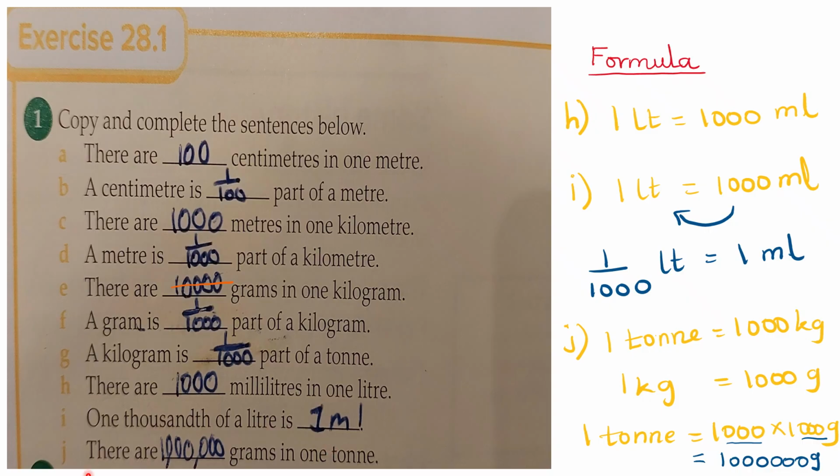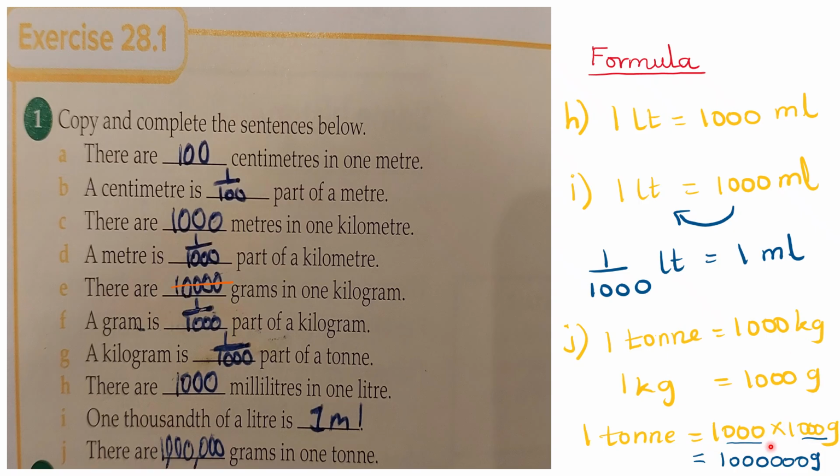Now J question is, there are dash grams in 1 ton. So 1 ton equals how many kg? That is 1000 kg. Now 1 kg equals how many grams? That is 1000 grams. Now we are going to find 1 ton equals how many grams? So 1000 into 1000.